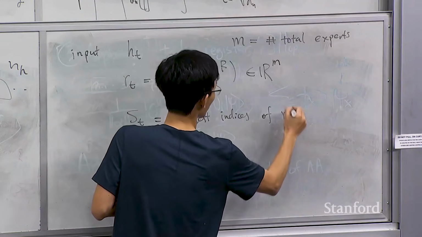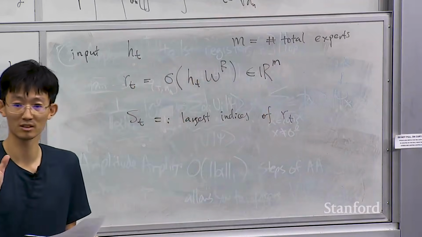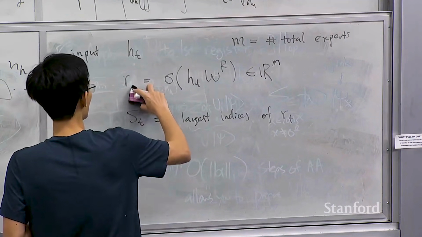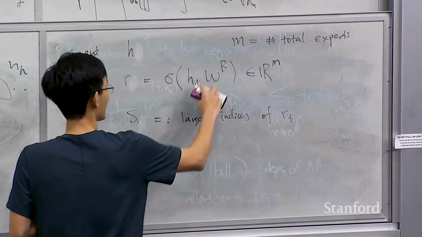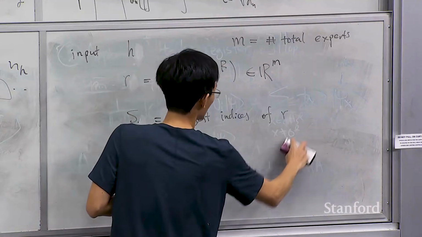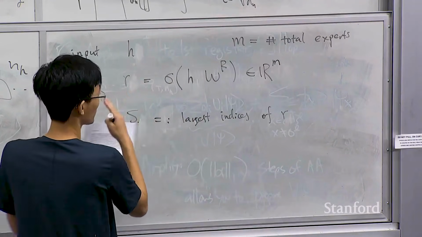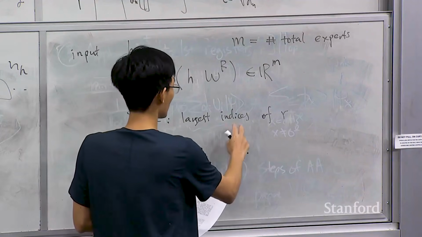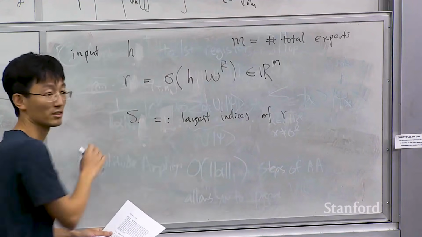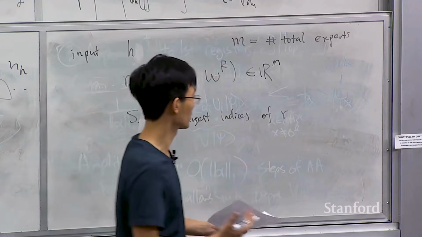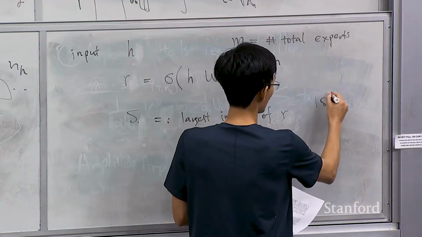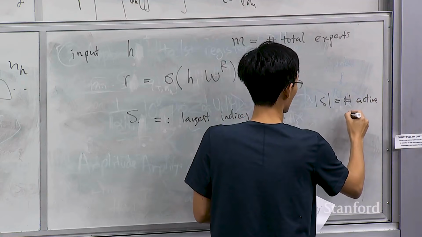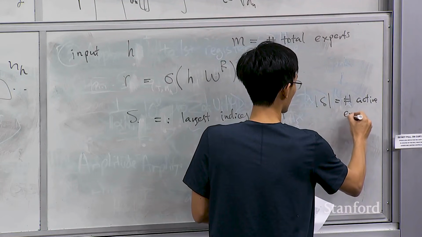of R_t. So among these m dimensions, you choose a subset. Maybe I should just remove the t, because the t is irrelevant here. That's my bad. So basically, R is a vector of dimension m, and you choose the largest entries of R, and that's the set S. And how large S is, S is the number of active experts.